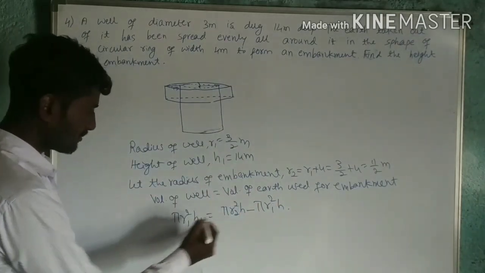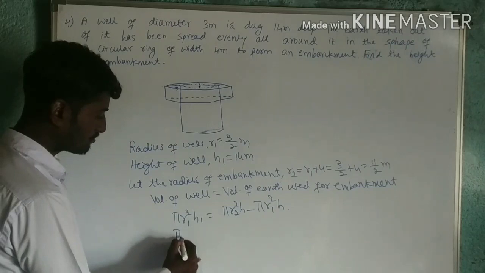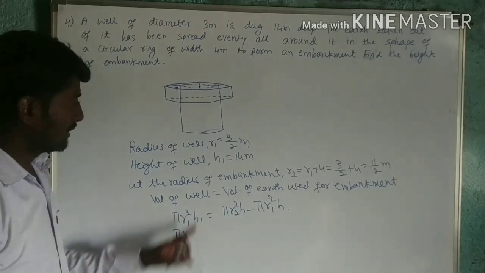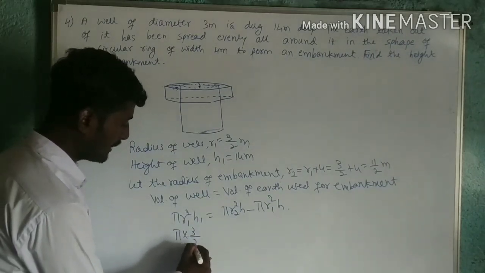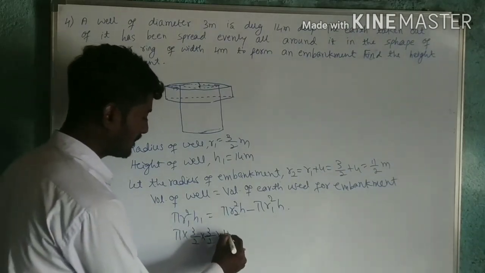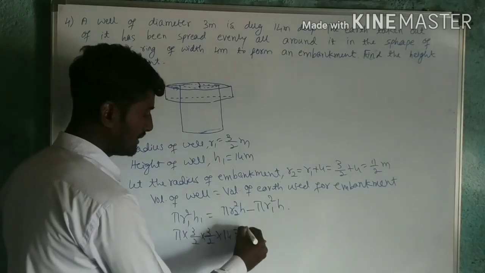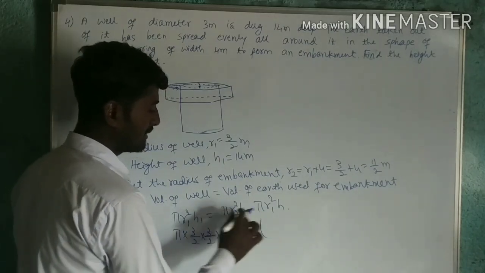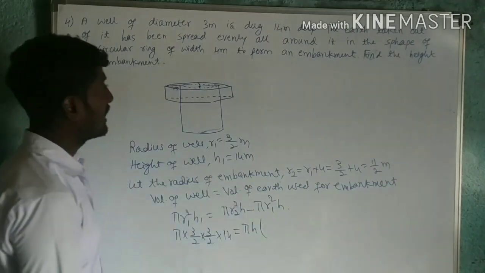Now next step. Here I will take pi common. R1 square, that is 3 by 2 into 3 by 2, h1. H1 value is 14. Now in these two I can take common pi h, inside R2 square.